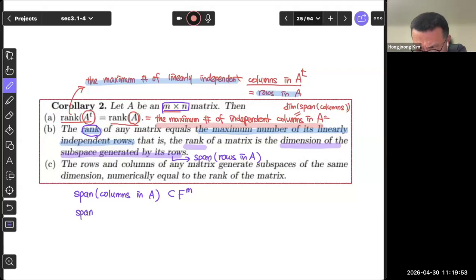The space generated by rows in A matrix is a subspace of F^n space.